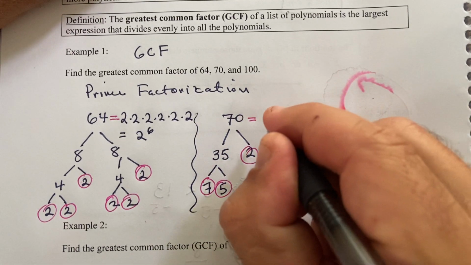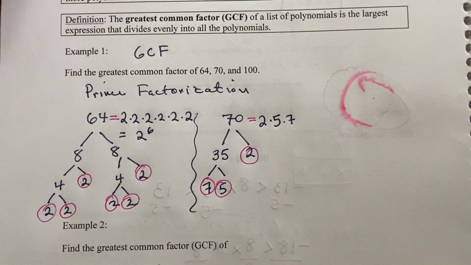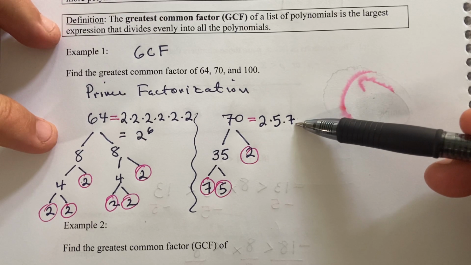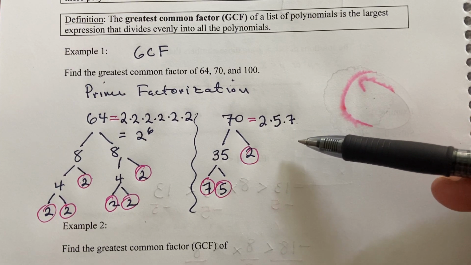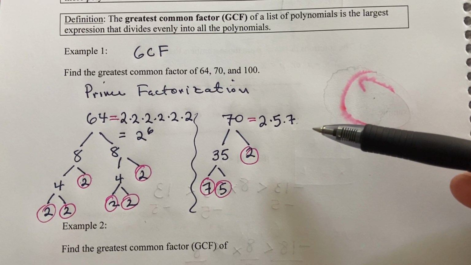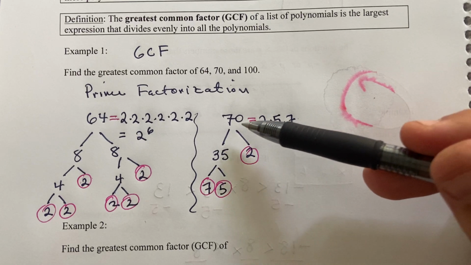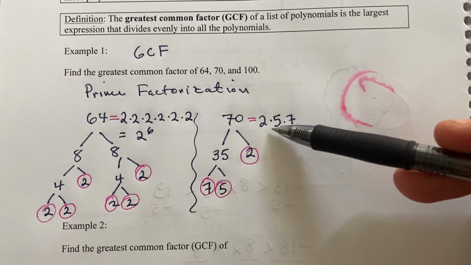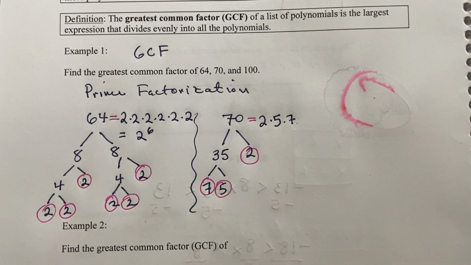And this would equal 2 times 5 times 7. So this is 70's prime factorization. You can kind of think of the prime factorization like a thumbprint. It's a unique marker for a specific number. No other number has this prime factorization besides 70.